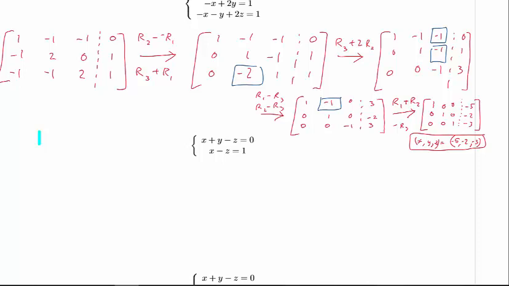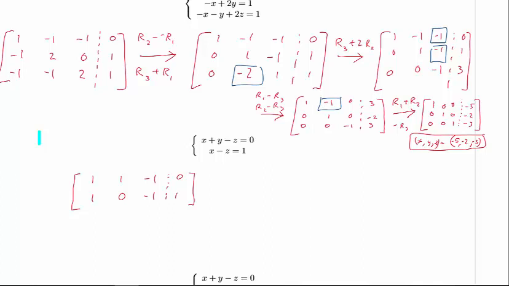So let's find out what those conditions are. And so we create our augmented matrix: 1, 1, -1, 1, 0, -1. I'm sorry. -1, augment it out, 0, 1. Okay, so those are our 2 equations.